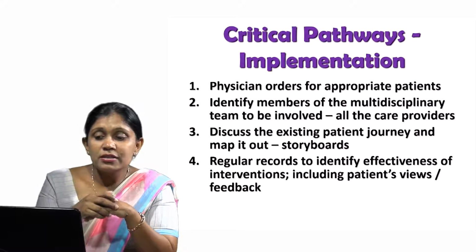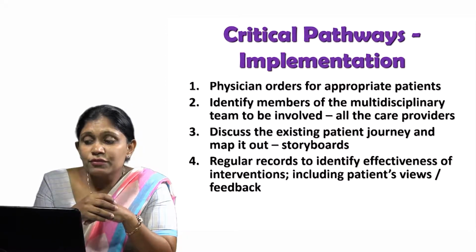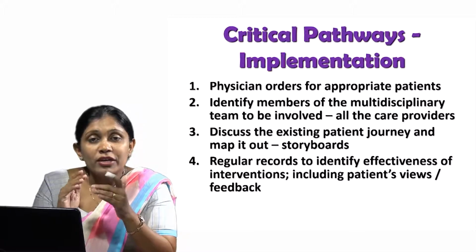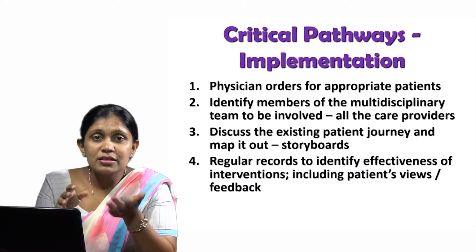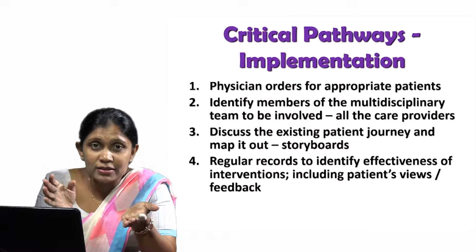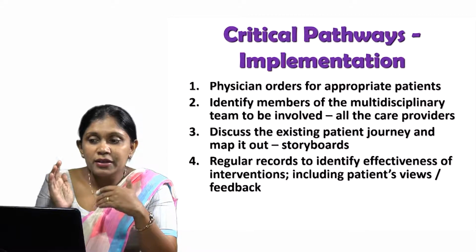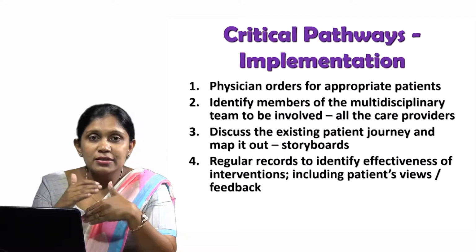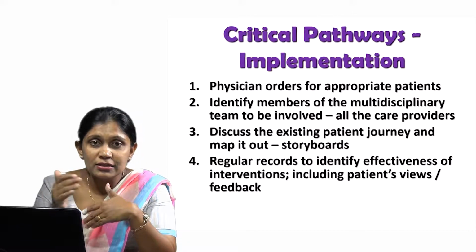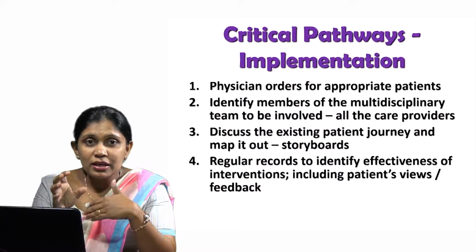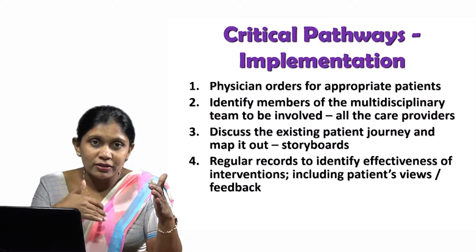First, physician's orders for the appropriate patient. For each and every disease or condition or patient, it is very difficult to apply the care pathways. But there are certain diseases, certain surgeries, certain patients we can apply this care pathway to. It should be kind of unique.